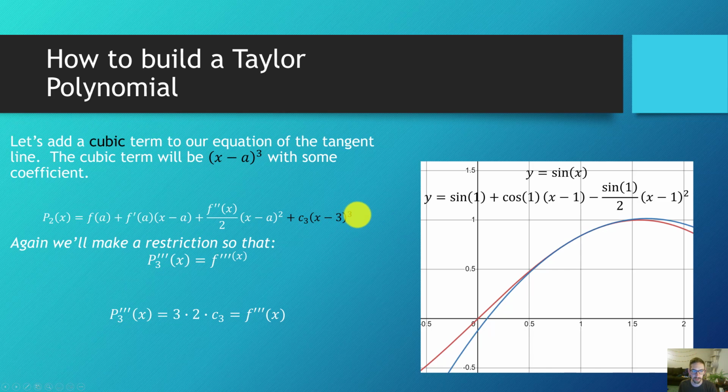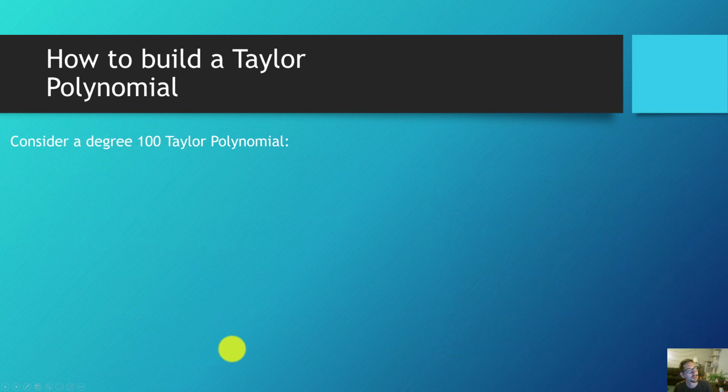If we take the derivative once, we'll get 3 c3 (x minus a) squared. Then we do the power rule again, multiplying down by the 2 and then the 1. So we get 3 times 2 times c3, and we can divide over and get that the coefficient here is the third derivative of f over 3 times 2. And it should be at a, but that's a quick fix.